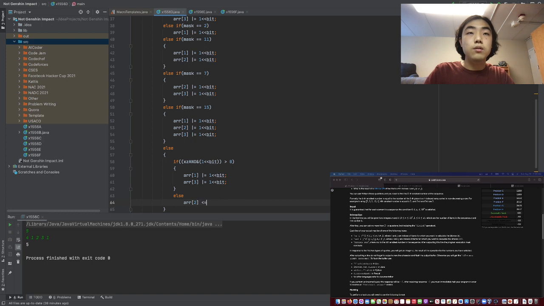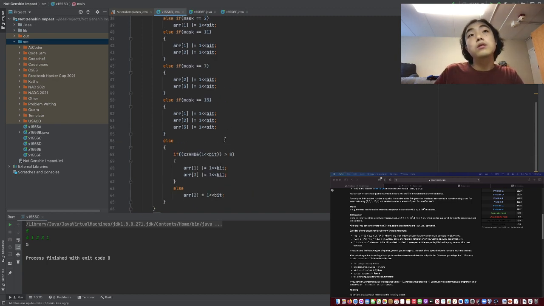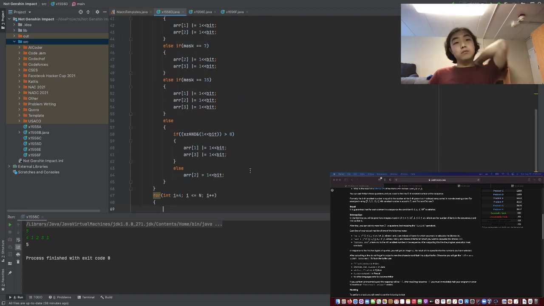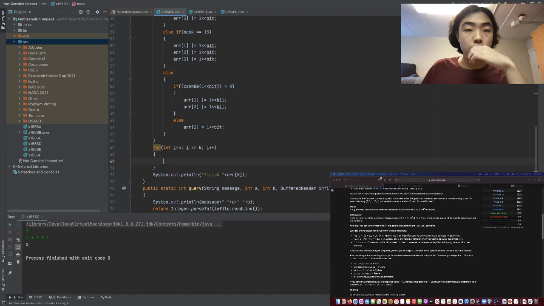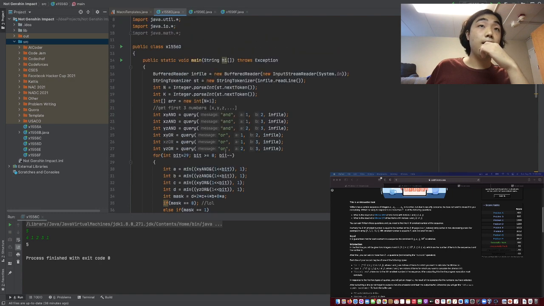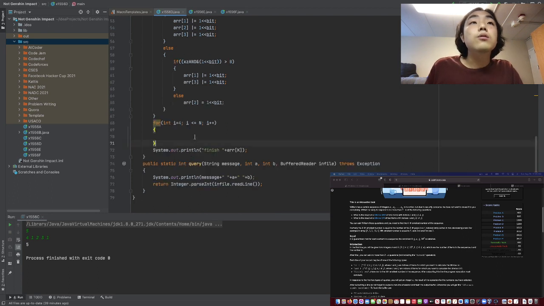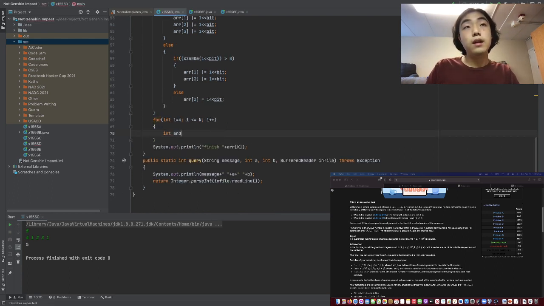Otherwise, only array at 2 can get this bit. All the values are at most this. Array 0 is equal to -1. So if we have all of these, then int and is equal to query.